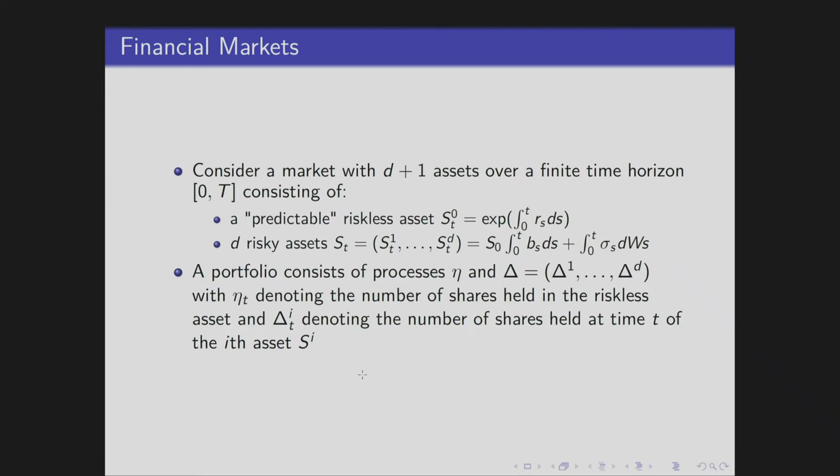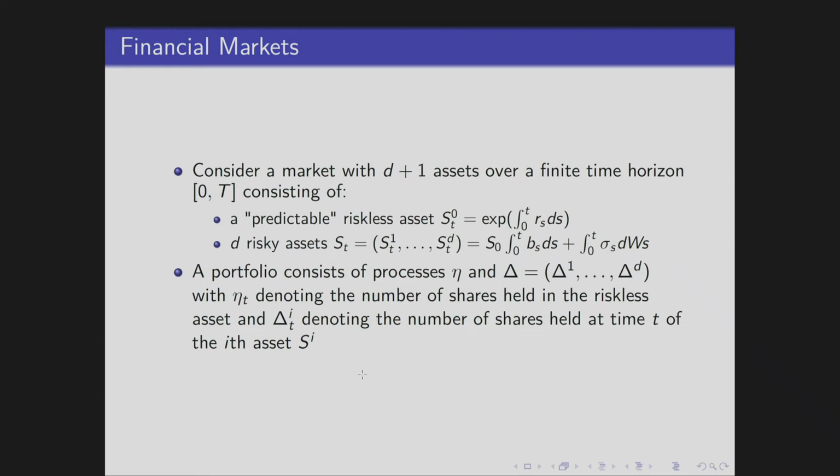Then you have D risky assets that represent D stocks, and those are controlled by an SDE where you have a given drift process and a volatility process. By changing those variables you can create a lot of different possible ways to model an actual financial market.